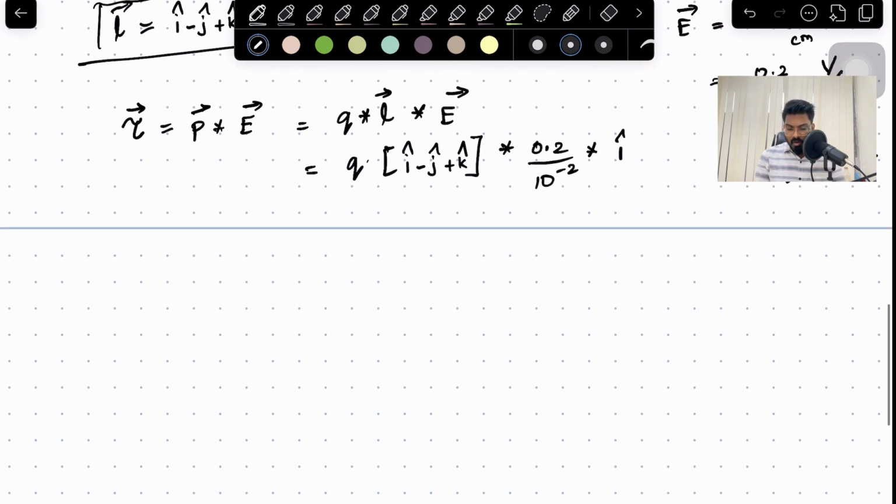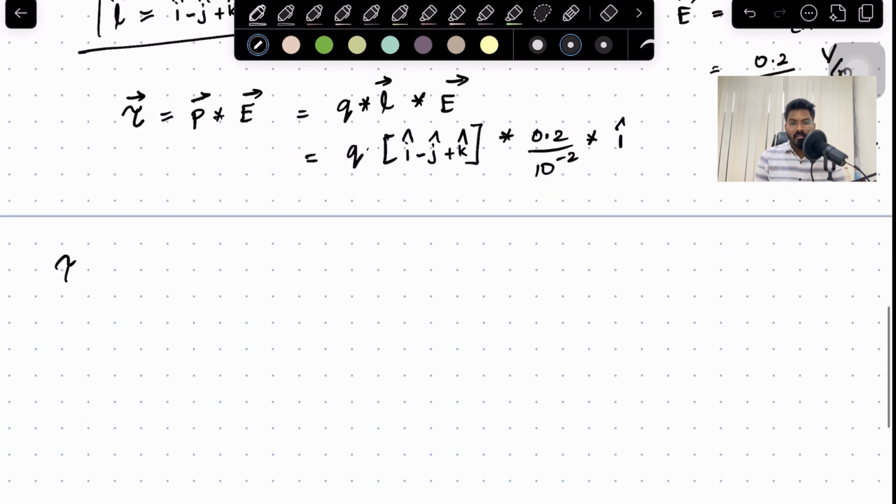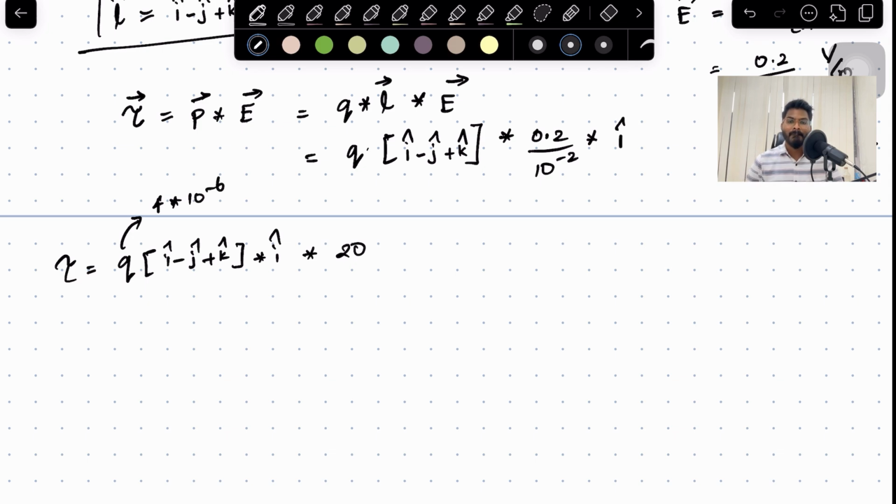Let's go on and calculate this further. Q into I cap minus J cap plus K cap into I cap multiplied by 20, and Q is 4 into 10 to the power minus 6.